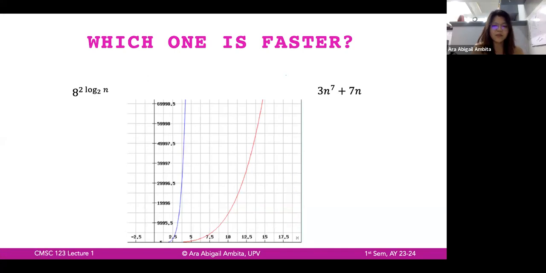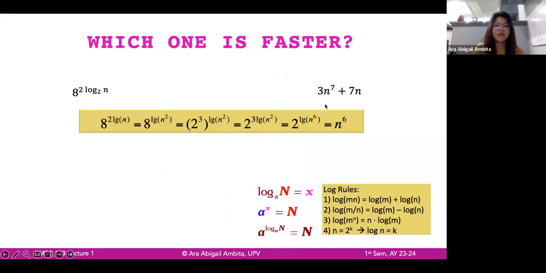Okay, and what about this one? 8 raised to 2 log of n base 2 compared to 3n raised to 7 plus 7n. For this, what we can do is make use of some logarithmic rules, and we can simplify this function. If we have 8 raised to 2 log of n, we can make use of this logarithmic rule that log of m raised to n is equivalent to n times log of m.